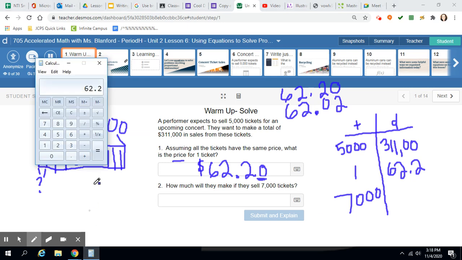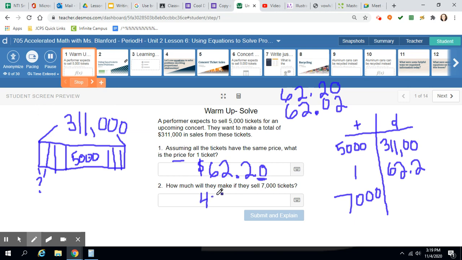So if I want to solve that, I'm going to take the price for one ticket and multiply it by the number of tickets, right? I have 7,000. So I know my answer is $435,400.